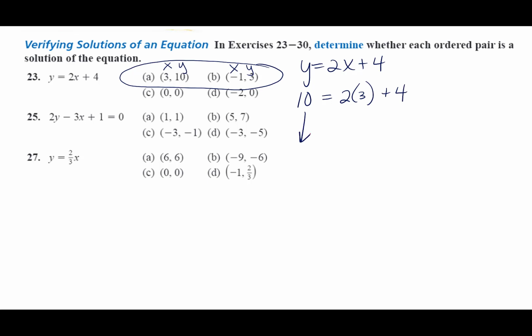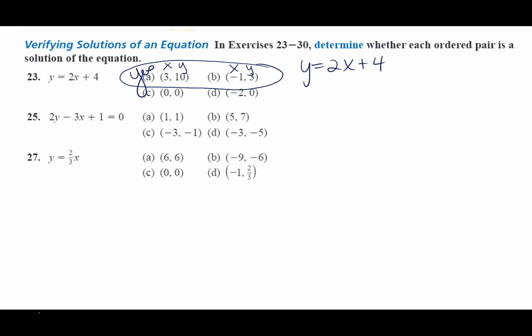We don't have to do anything to the left side because it's already simplified to the number 10. On the right side, if we multiply 2 times 3, that's 6. And we know 6 plus 4 is 10. Because 10 equals 10 is a true statement, we would just write yes next to option A.